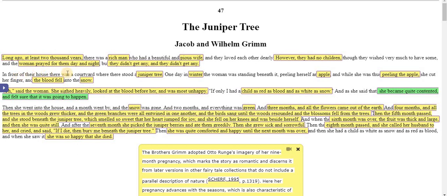In front of their house there was a courtyard, and there stood a juniper tree. Now the juniper tree has significance, and if you remember, in the age-old times, there was this way in which people used to cure themselves, right? They had natural remedies for each and every problem out there, and there were witches.